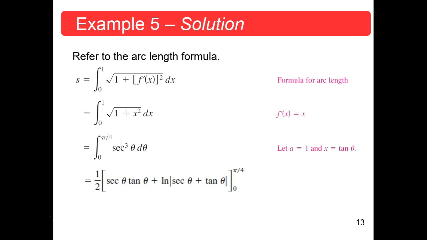The 0 here will be a 1 plus 0, but log of 1 is 0, so that also disappears. And so you just have 1/2 root 2 plus log of root 2 plus 1. All right, which is what we got. 1/2 root 2 plus log of root 2 plus 1. And that's approximately 1.148.